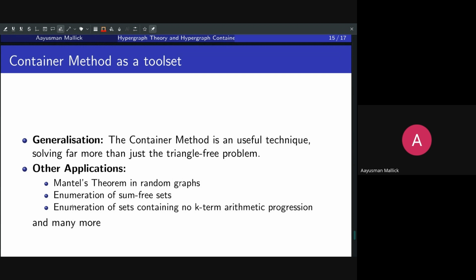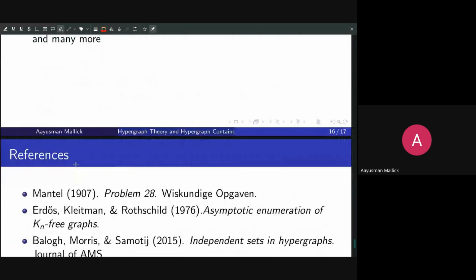Here, for sum-free sets we are trying to find a subset of [n], the set 1 to n in the naturals, such that none of them satisfies the equation x plus y equals z, and similarly. So thank you guys for attending.